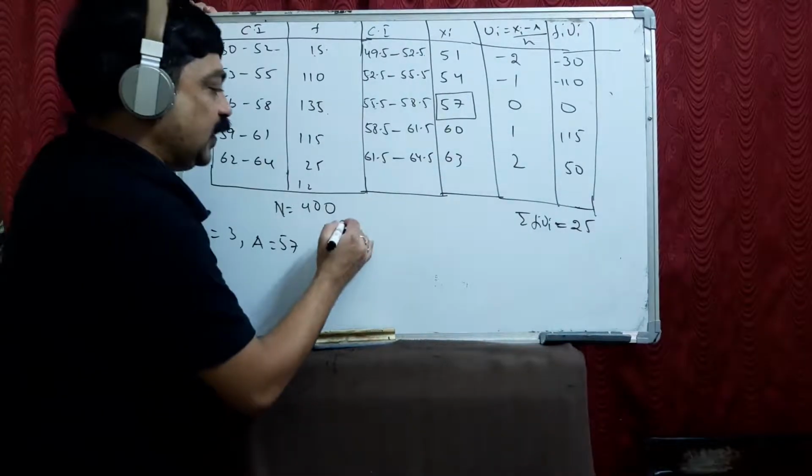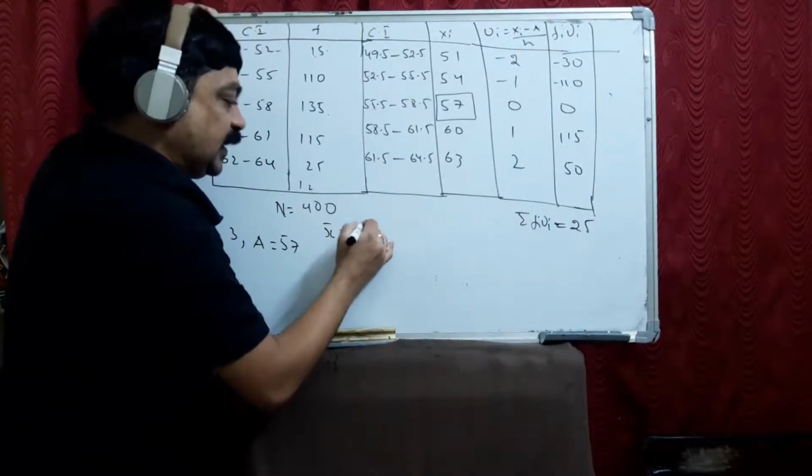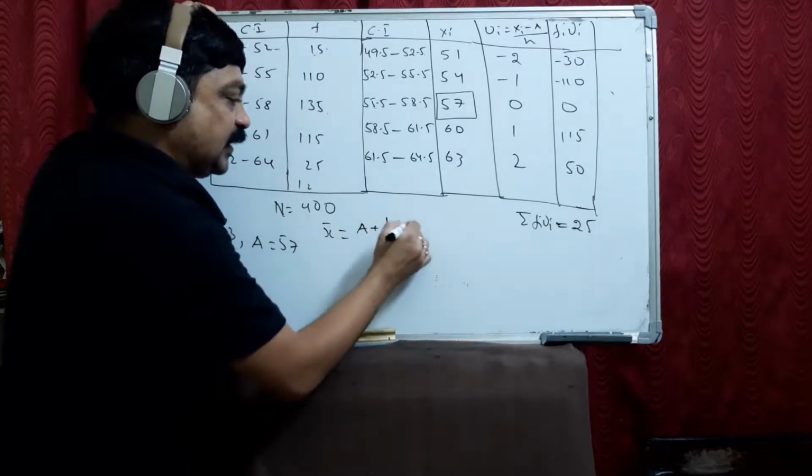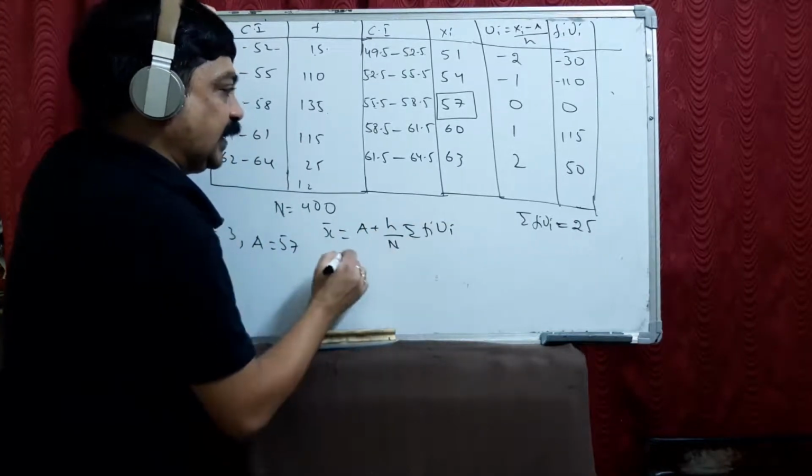Now the formula: mean is equal to A plus h by N into sigma fiui. What is A?